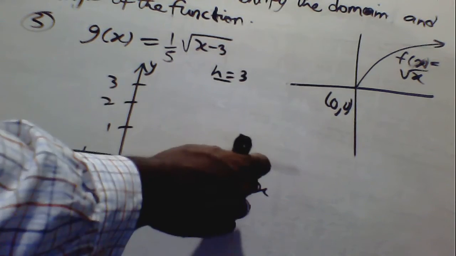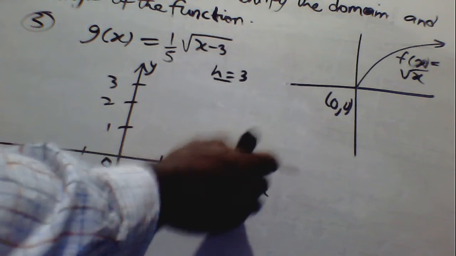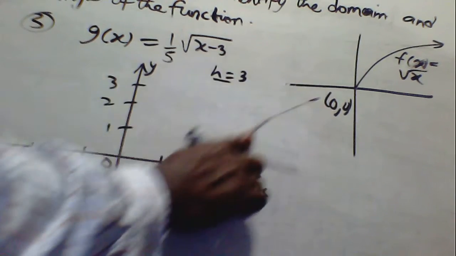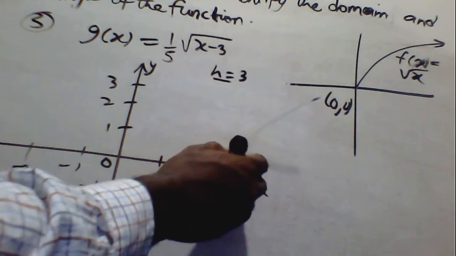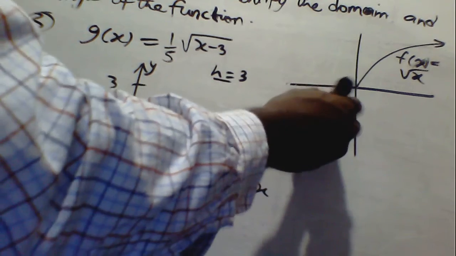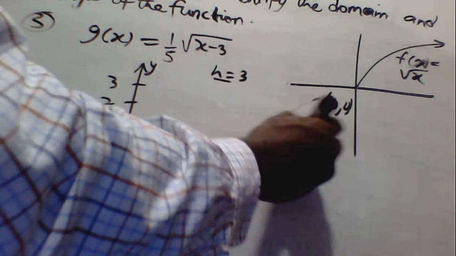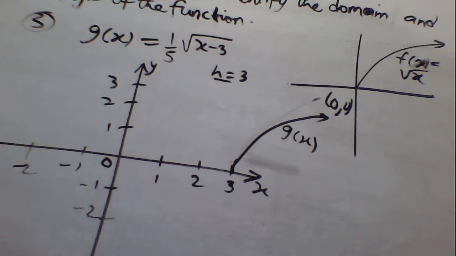So you go to 3 and plot the graph. It will look like this. This is the function g of x. This is what you are required to solve. Once you have done that, there's nothing left. You have already graphed it. You can always use your graphing calculator to check how we arrive at these graphs.